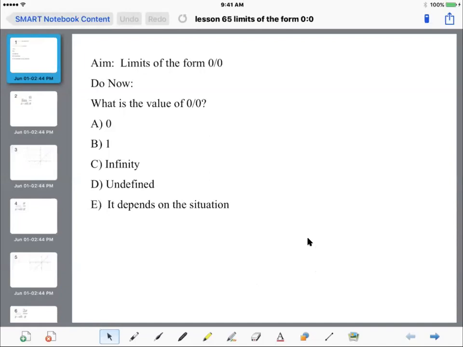I could get choice A. I could get 0 to be the answer, or 1 to be the answer, or infinity to be the answer, undefined to be the answer. Actually, I can't get undefined to be the answer. Oh, I suppose I could, yes. And I could even get other numbers, basically any number that there is could become an answer to this question. So it is going to be, it depends, and you'll see why as the lesson progresses.